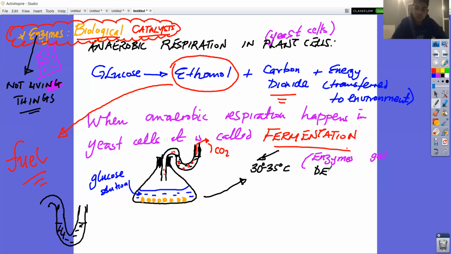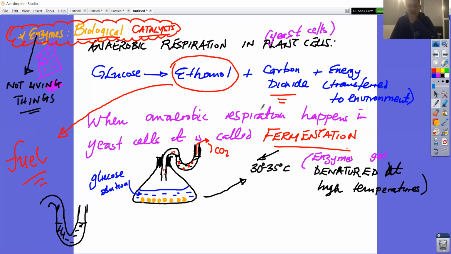They get denatured. The shape is altered, they get denatured at high temperature, and they cannot then catalyze the reaction.